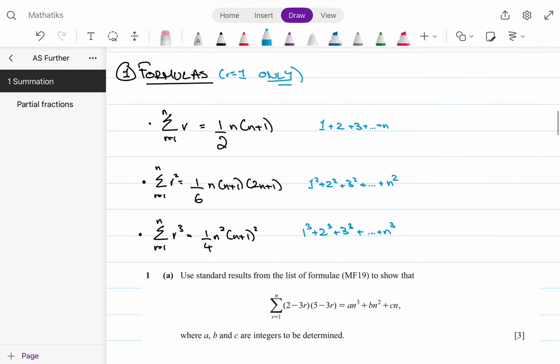You might recognize the first formula from ADMAT. It's just the same as our sum formula, which I'm showing here. So our first term is 1, and our difference is 1.